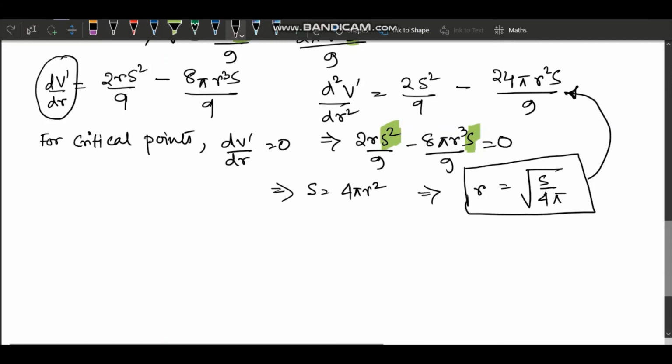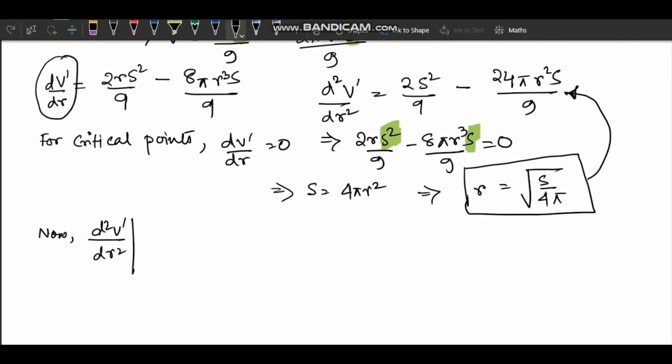So d2 v dashed dr2 at r equals root over of s by 4 pi is obtained by substituting the value of r, and we will just check whether this is coming out to be positive or negative. If it comes out to be negative, then we can clearly say that v dashed is maximum at this particular value of r.